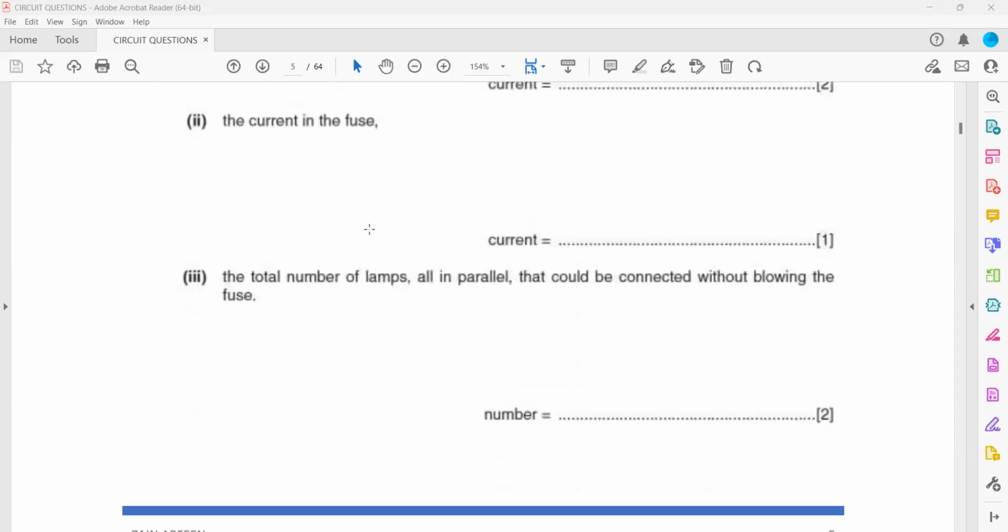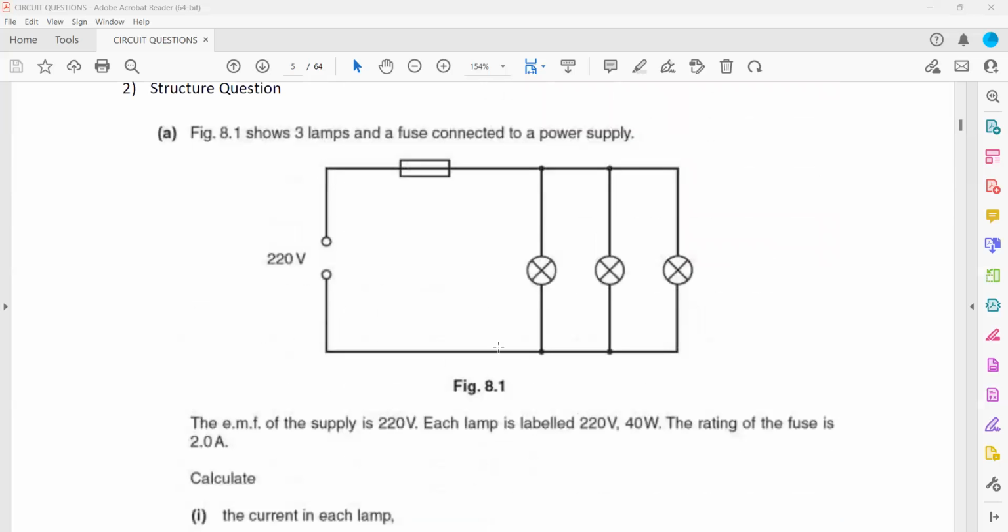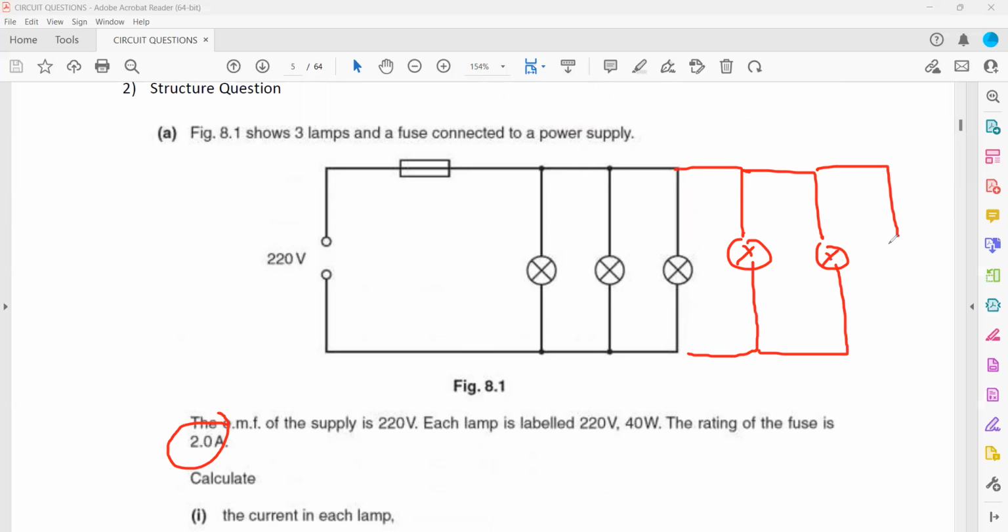And the next part: the total number of lamps which we can connect in parallel without blowing the fuse. The fuse has a rating of 2 ampere, meaning maximum it can allow 2 ampere to flow. If the current is more than 2, the fuse will not allow it. So the question is, how many identical lamps can be connected so that the fuse does not blow?